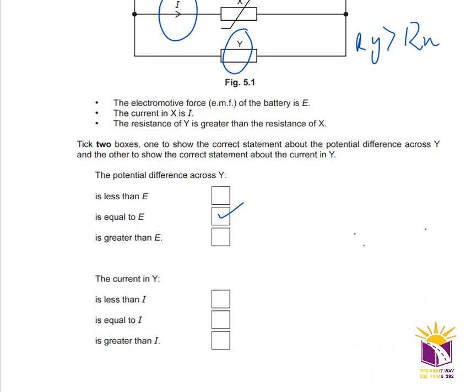The current in Y, the body which has more resistance, will be less. Current flows more through the path where resistance is less. So the current in Y will be less than I, because the resistance of Y is greater than the resistance of thermistor X.